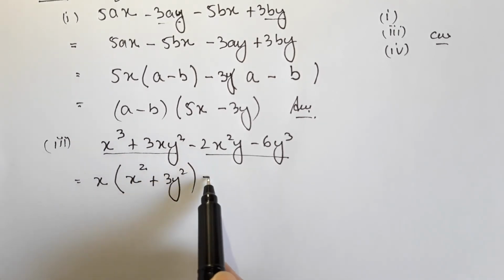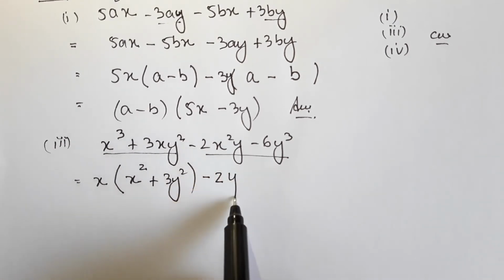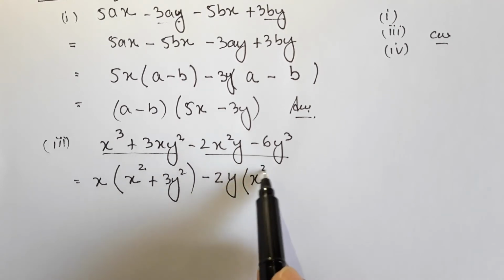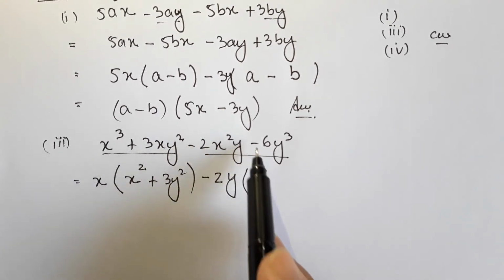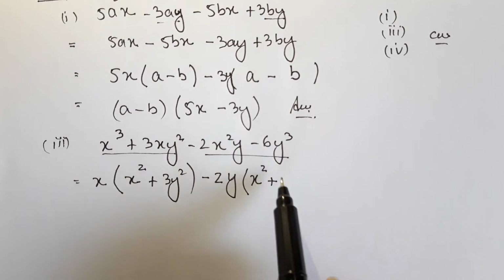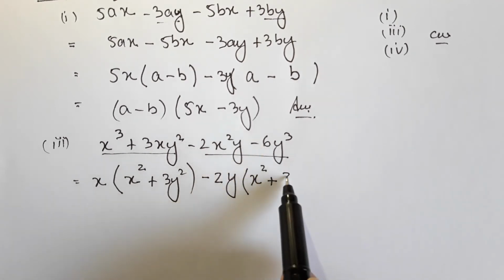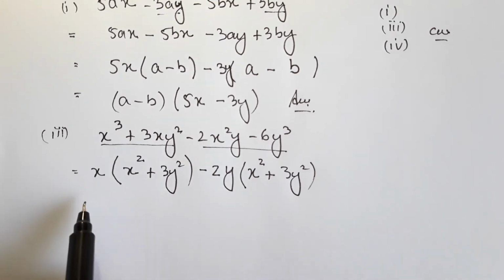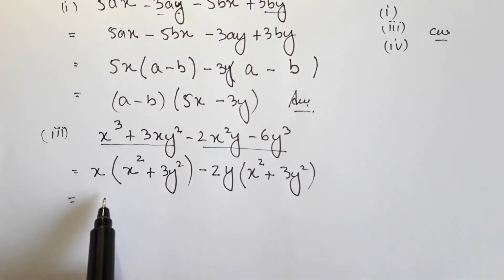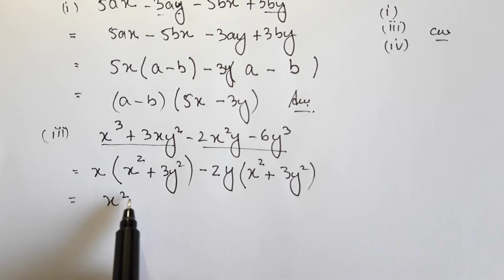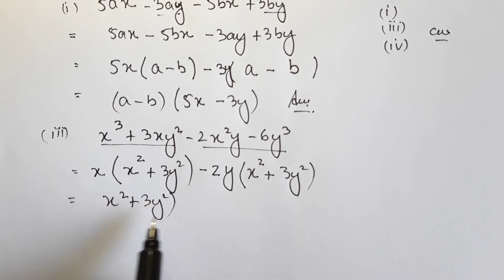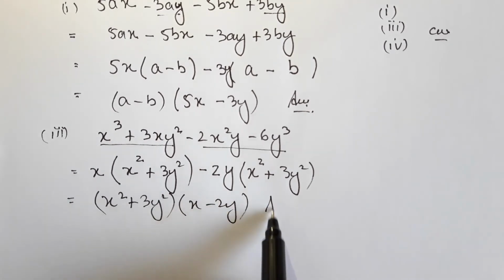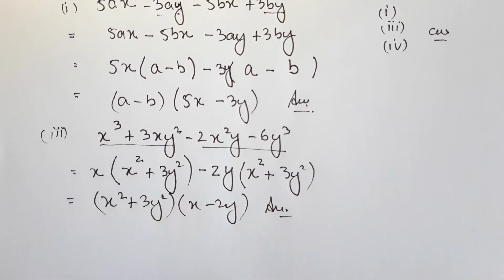Here minus 2 is common with y because y is also common, and the remaining values will be x square, minus common had already been taken, so it will be positive, 3y square. Again the two brackets are the same, it means our factorization process is right. So x square plus 3y square is again common, x minus 2y remainder. So this is the answer.